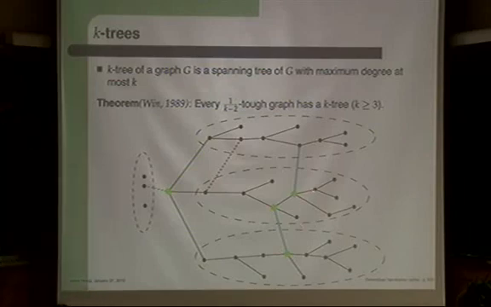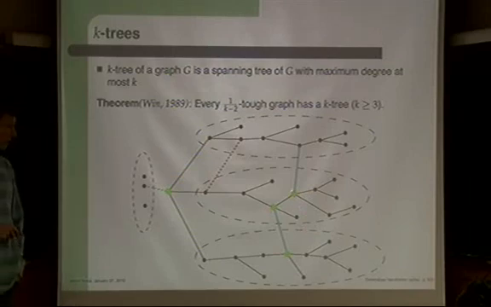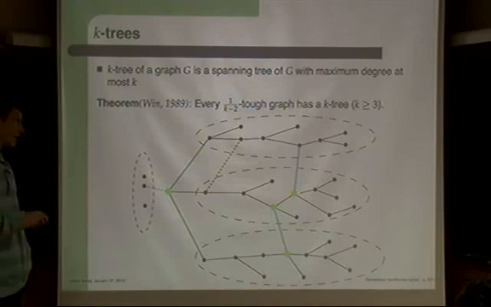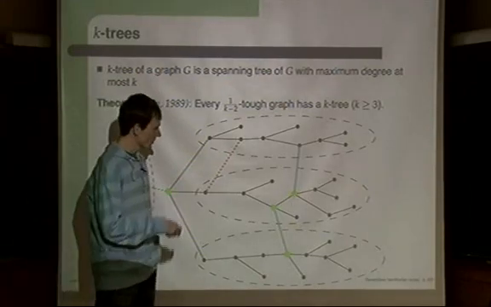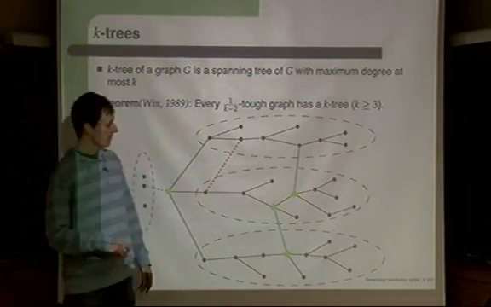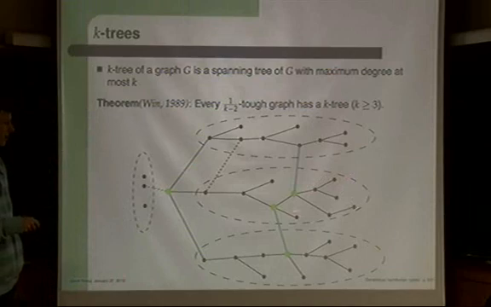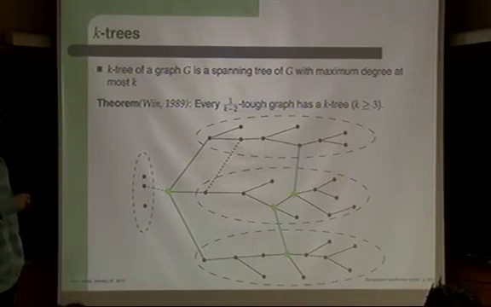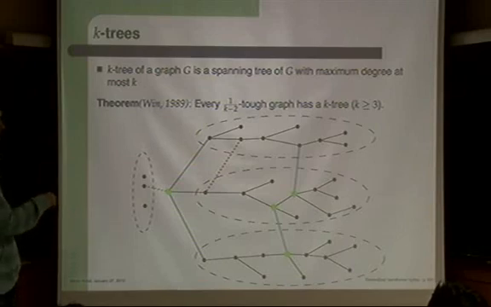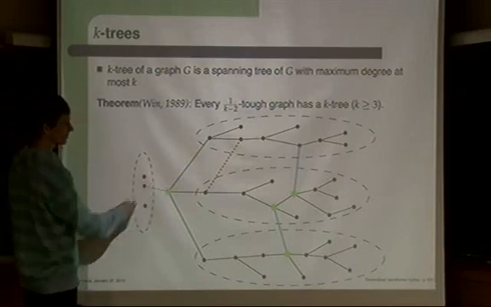There are some rules for how to define this set, but I hope it's clear how it's defined. If we continue and remove this vertex from the tree, again we get 3 components, like this one and the rest. Again, there can't be any edges joining these 3 components in the graph unless the end vertices have degree K. Otherwise we can add these edges and have smaller degree here.